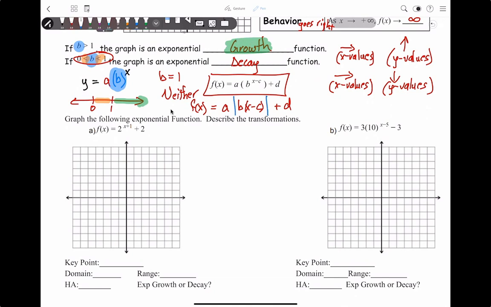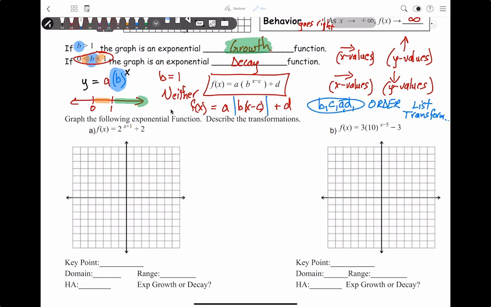But nonetheless, the order that we've been doing was BCAD, as far as the order of how we list the transformations. Order did matter, and we used to do BCAD.